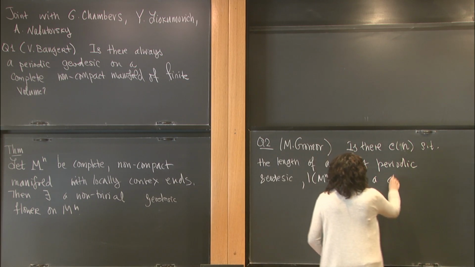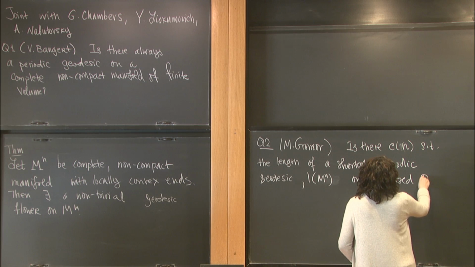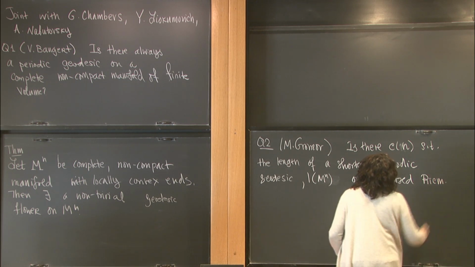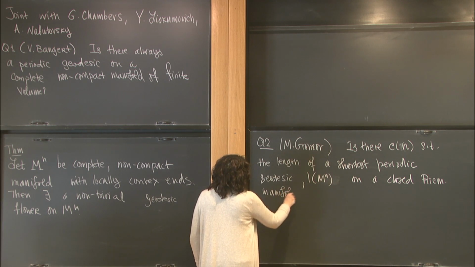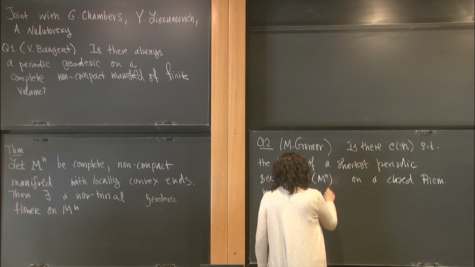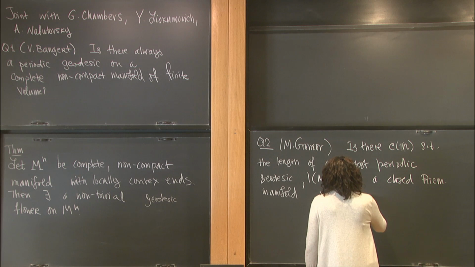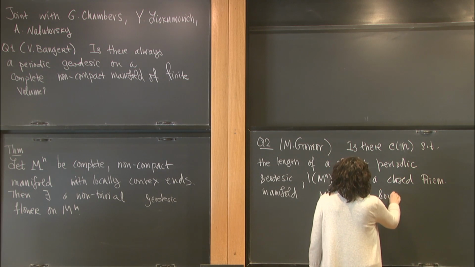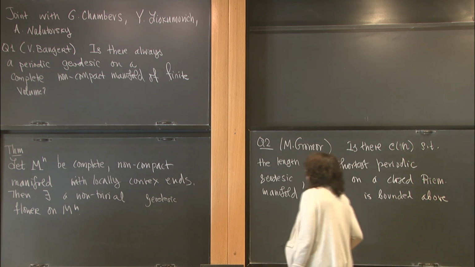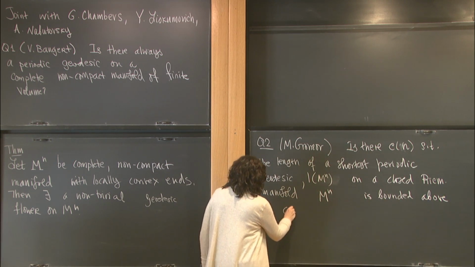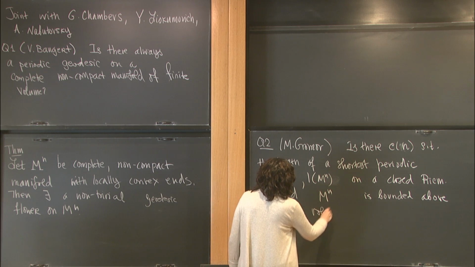on a closed Riemannian manifold, is bounded above by this constant times the nth root of volume.